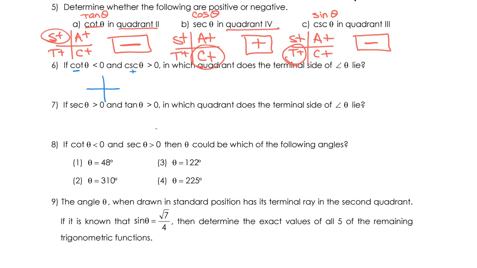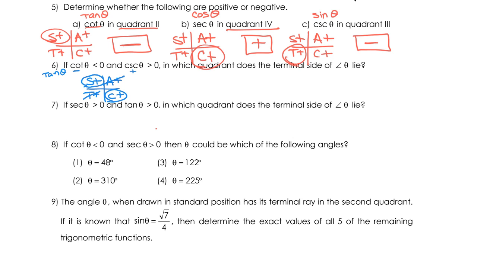So we'll go ahead and do all students take calculus. And remember, when they're asking about cotangent, we'll think about what its reciprocal is. So if we're thinking about where tangent theta is negative, so we can figure out where cotangent theta is negative, we know that's not in quadrant 1 and it's not in quadrant 3 because that's where tangent theta is positive. So it's either happening in quadrant 2 or quadrant 4.